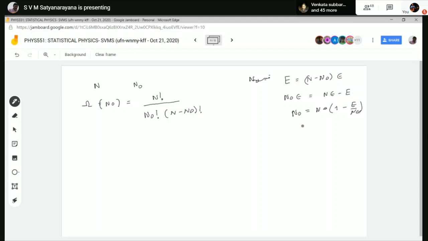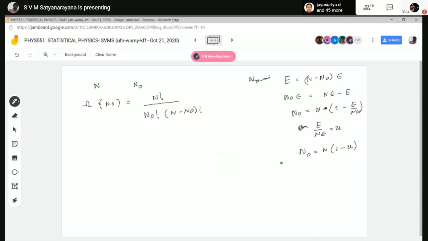If you remember, we called this E by n epsilon as some u in our two-level system calculation. So n0 is n into 1 minus u.